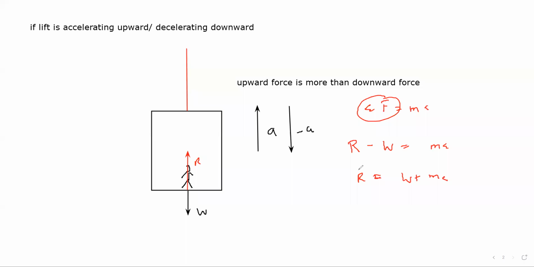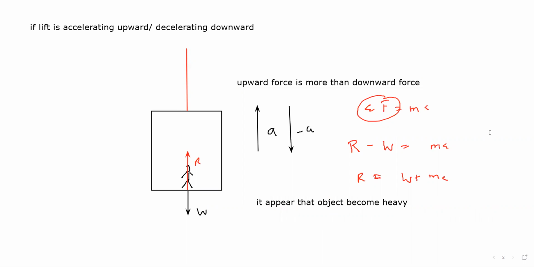If the normal contact force increases, what does it appear like? It appears that this object becomes heavy. So whenever the lift is accelerating up or decelerating down, we will not have the same weight.